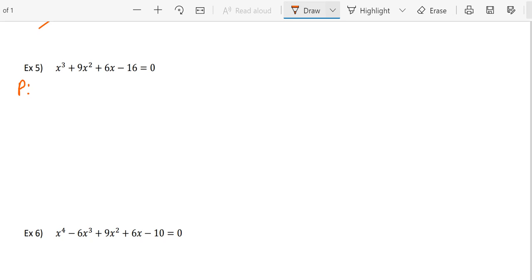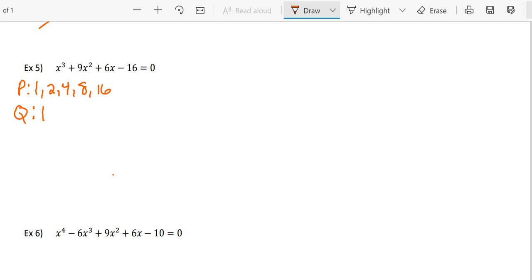So for p, the factors are going to be 1, 2, 4 goes into 16, 8 goes into 16, and then 16. For q, it's just 1. So for q, we only have 1.